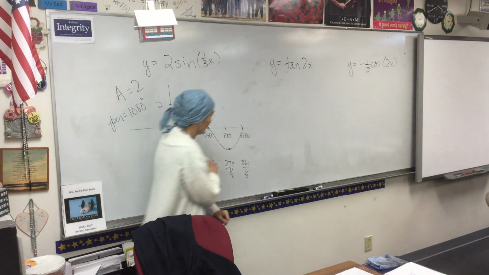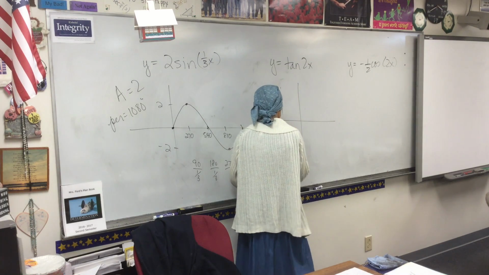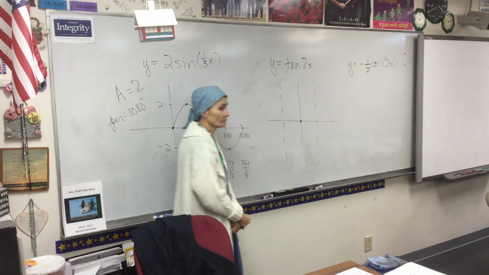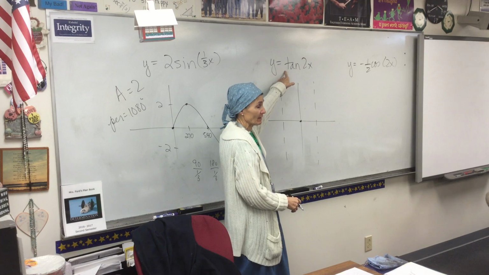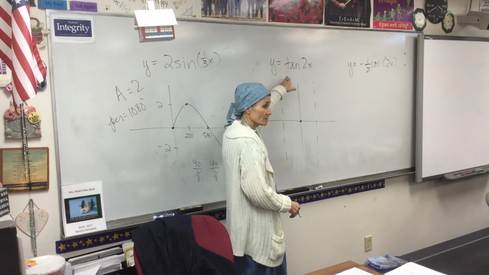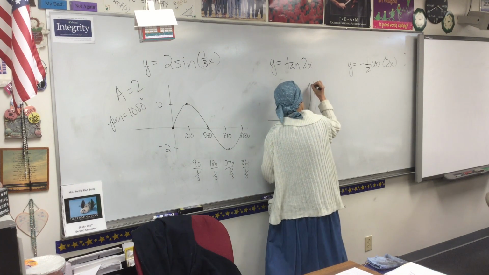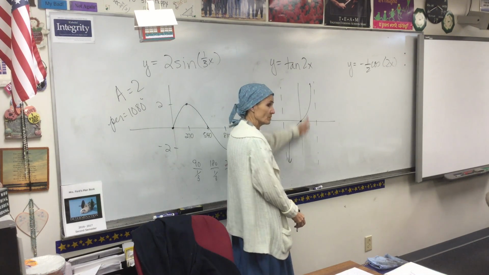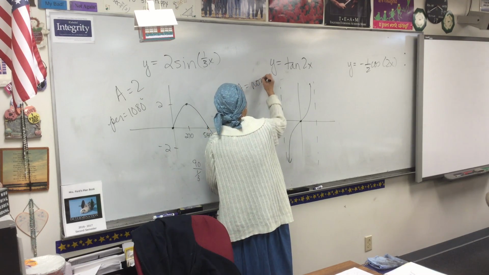Okay, all right, now we have a tangent. Now this one's different. It has asymptote, dot at the origin, right? Now we got to pay attention, just like all these, if we have a positive or a negative out here, because the negative will turn it upside down. We don't. So this is a regular old tangent, which means it goes up, squiggles up. Here it is. There are no labels on the y-axis because the tangent has no amplitude, right?